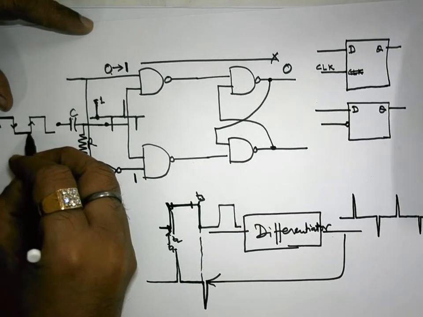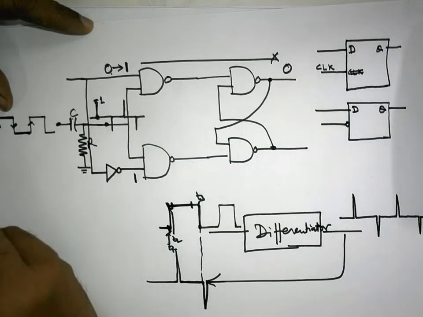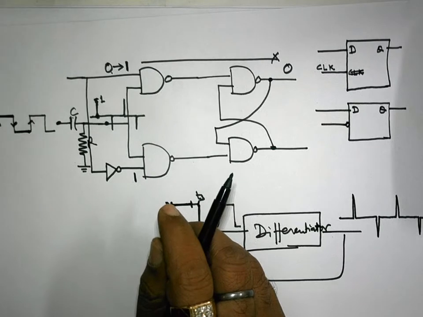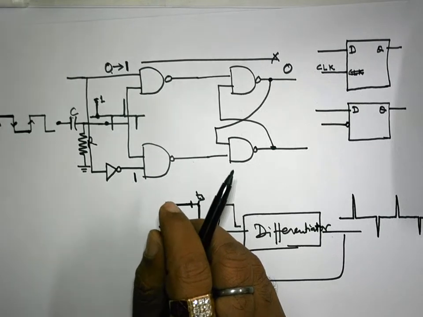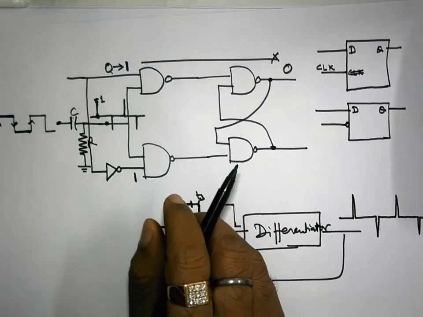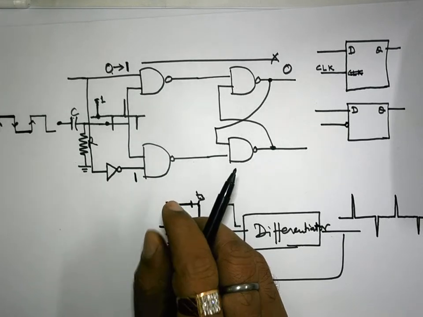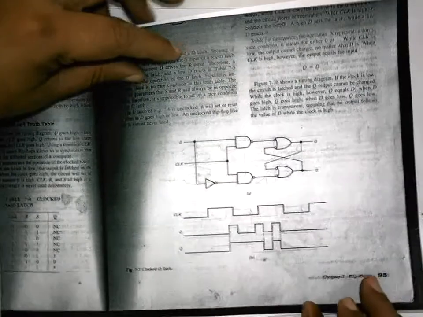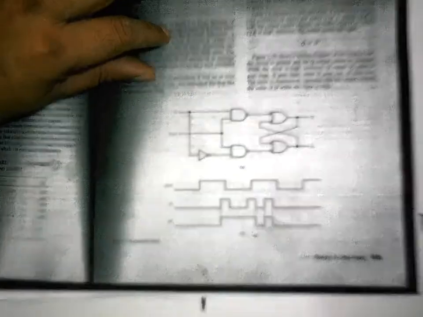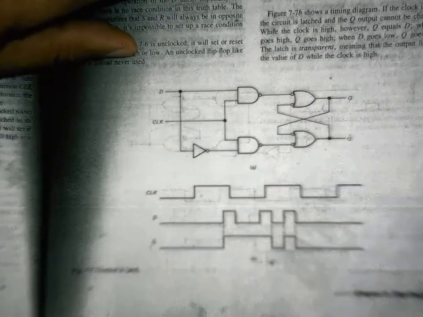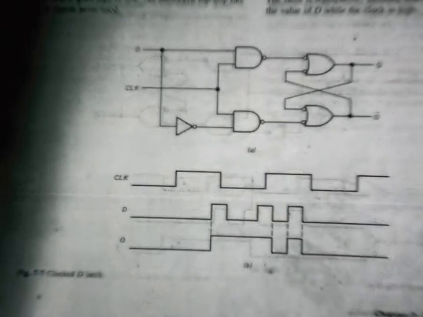So how can we make a low level triggered D flip-flop from a normal D flip-flop? Let me show you the circuit.